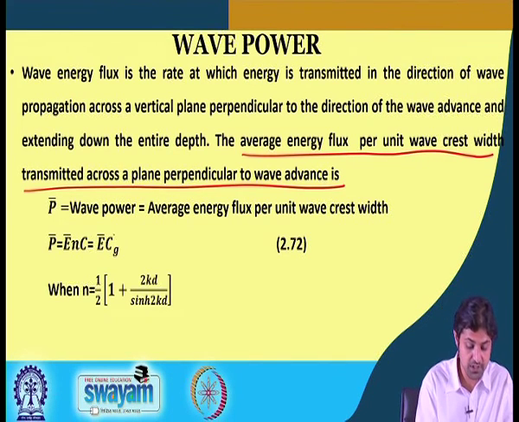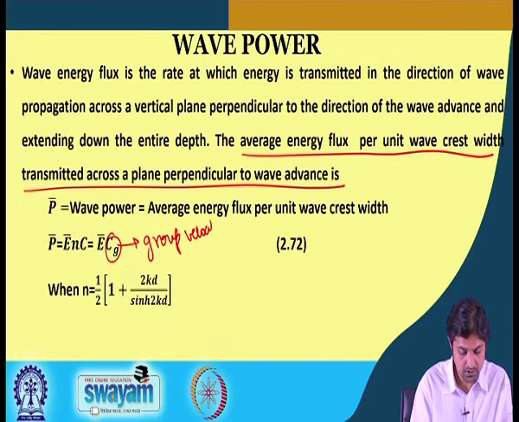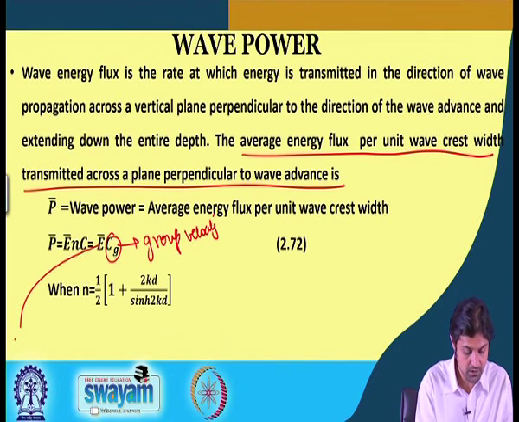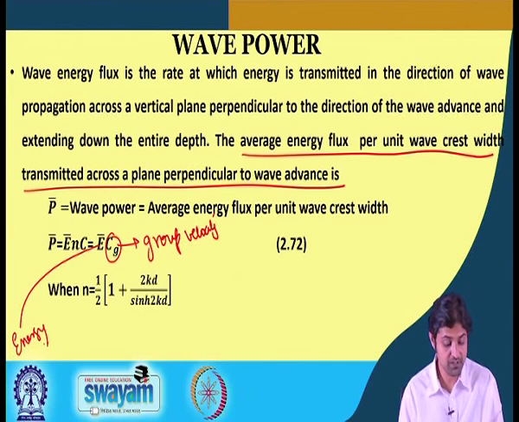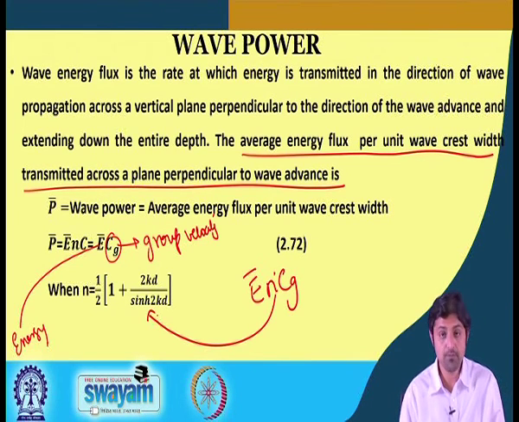This is important. Cg is group velocity and E is the energy that we just derived. So, the power is given as E into Cg, or if you want to write it in terms of celerity, it is E bar n into Cg. You saw that n was this.